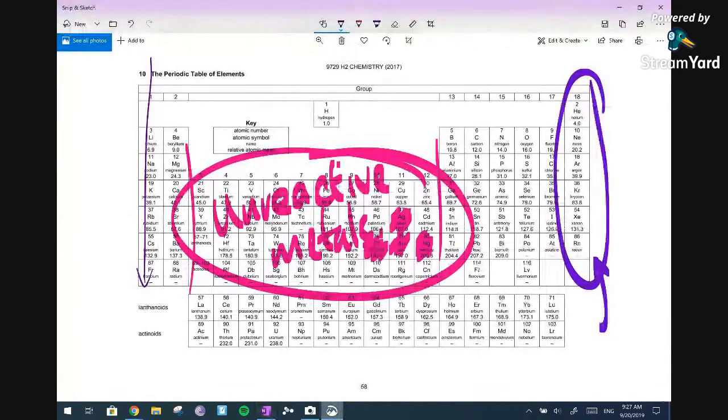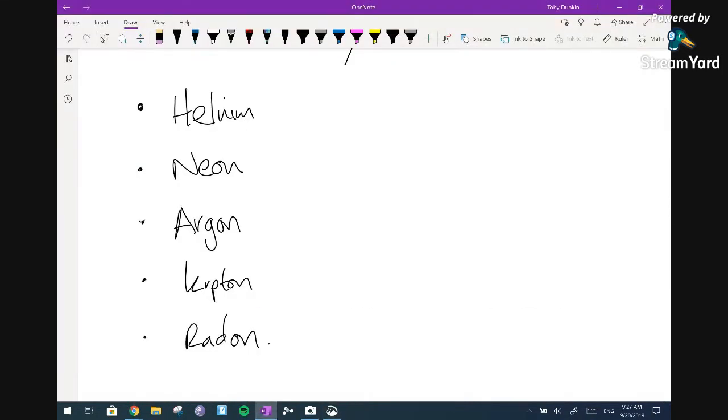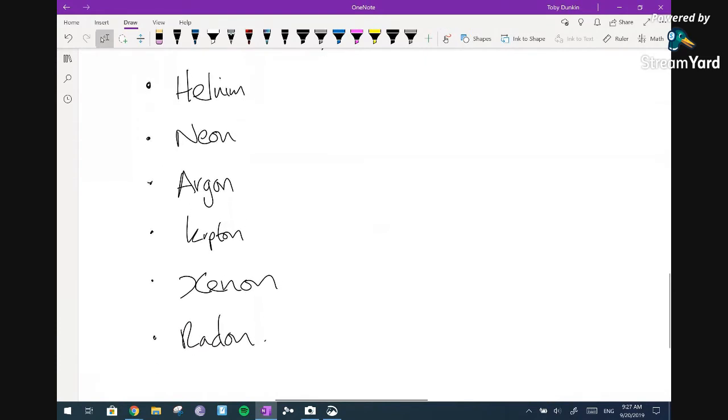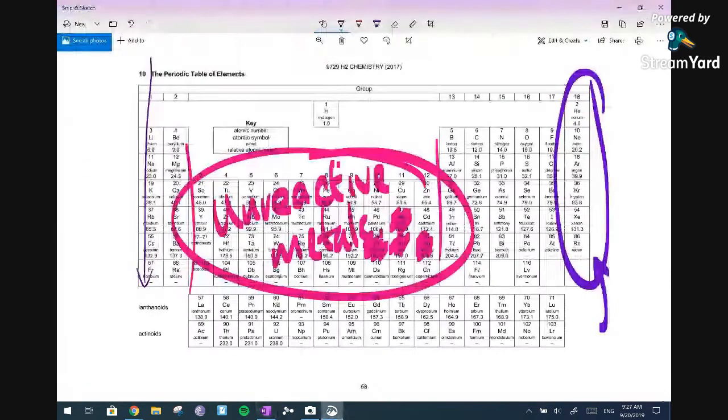Let's just check on that one. Helium, neon, argon, krypton. Oh, I missed xenon. I knew I'd missed somebody out. Krypton, xenon. That's really mean. Xenon and argon and radon. Oh, no, argon. No. Radon. Because it's the radioactive one. Yeah, so here are our noble gases.